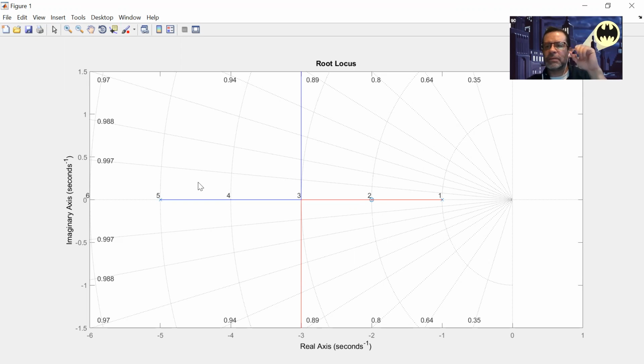So that's why we see a great improvement in the response time, the settling time. So adding that compensator to the system in the form of a zero is going to drastically change the root locus and give me different configurations where the poles are moved.